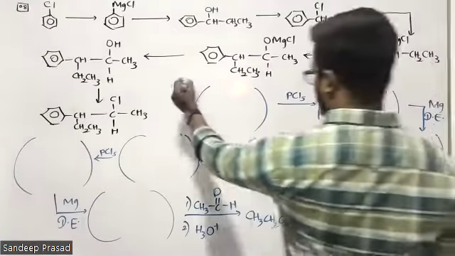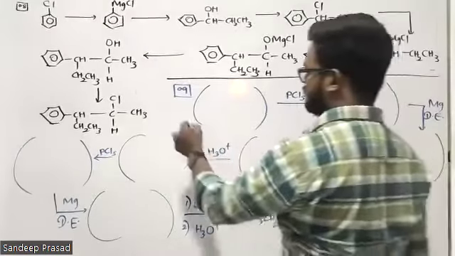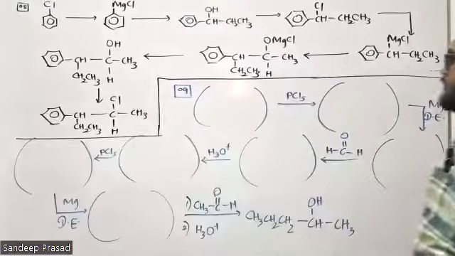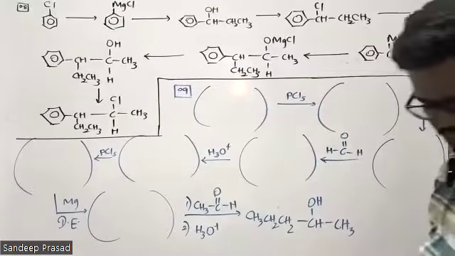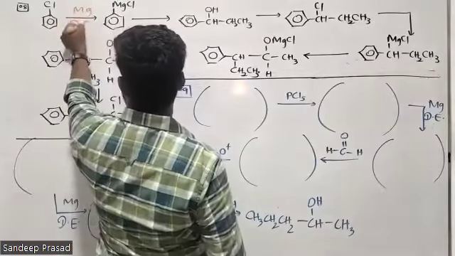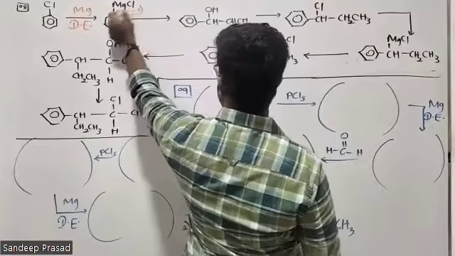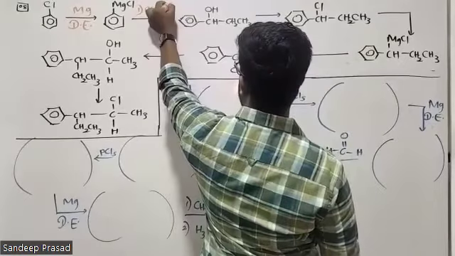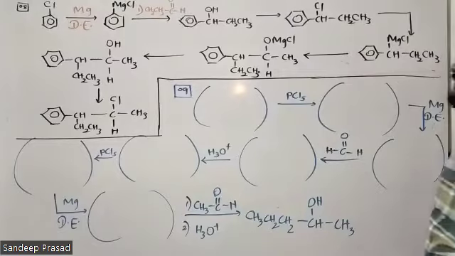Okay, let me discuss the 8th one. Number 8. Magnesium diether is added. Then we are going to add MgCl. CH3CH2CH=O, propanal, is added.